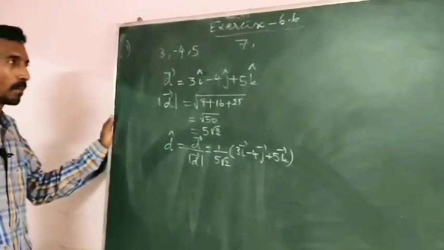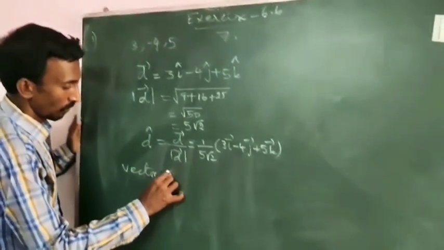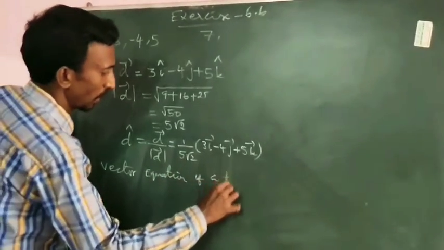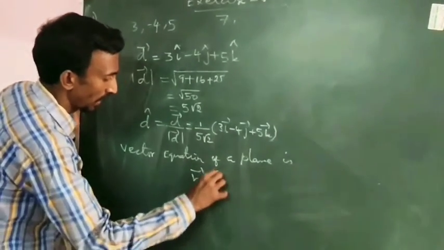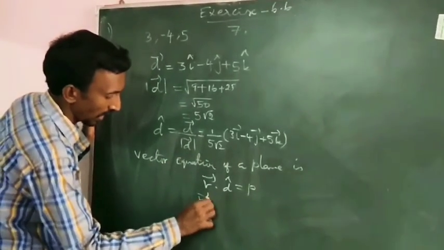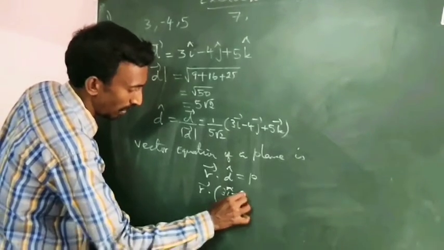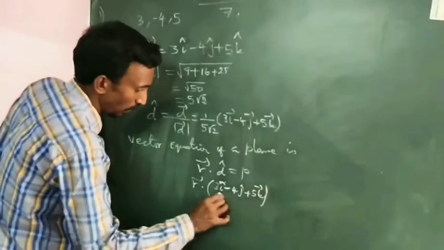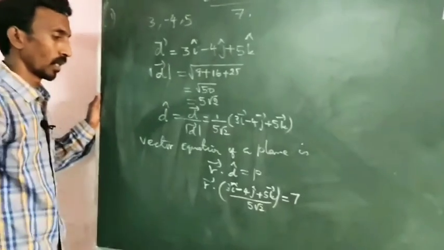So what is the formula? First, the vector equation of a plane is r vector dot d cap equal to p. So put the value here: r vector dot (3i minus 4j plus 5k) divided by 5 root 2 equal to 7.